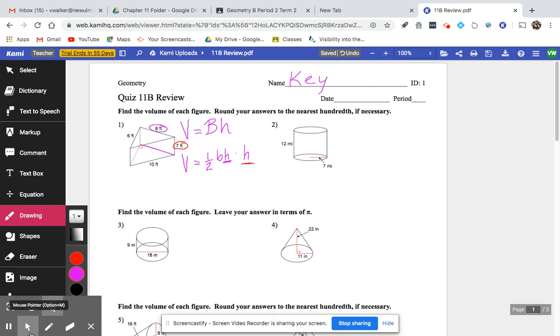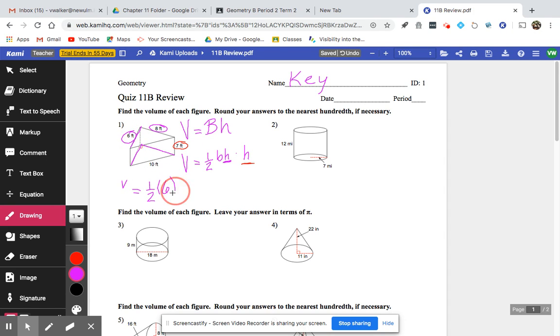So now that I've got those straightened out, I'm going to go ahead and start plugging in what we know. So we got volume equals 1/2 times the base of the triangle is right here, which is represented by that, and by extension that.